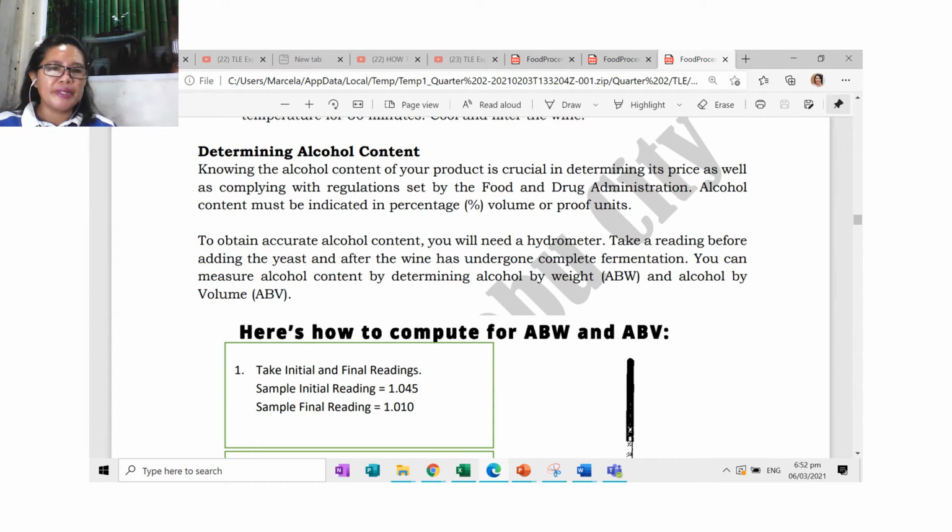Number one, take initial and final readings. Sample initial reading is 1.045. Sample final reading is 1.010.